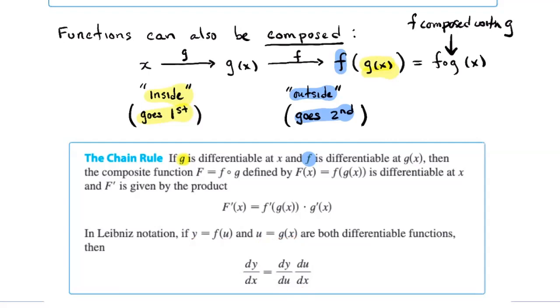So this is a nice notation scheme for it, because if you just treat those derivatives like fractions, it looks like the du's cancel. Yeah, it looks like dy dx is dy du times du dx. It makes sense if you just pretended those things were fractions.